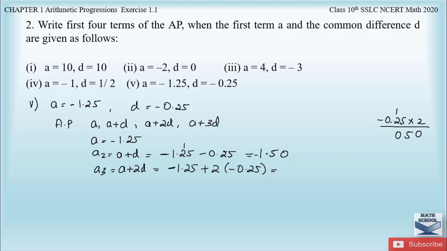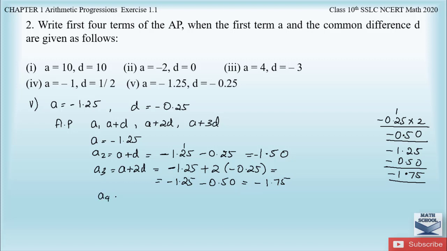After 2 digits we have to add the decimal point, and the minus comes here automatically. So this will be minus 1.25 and minus 0.5. So we have to add these two values since it has minus sign. So 5, 2 plus 5 is 7, 1, so it is minus 1.75. So the result is minus 1.75.